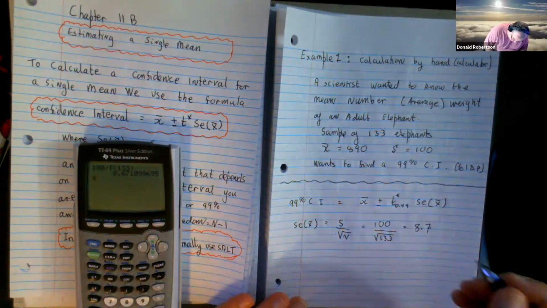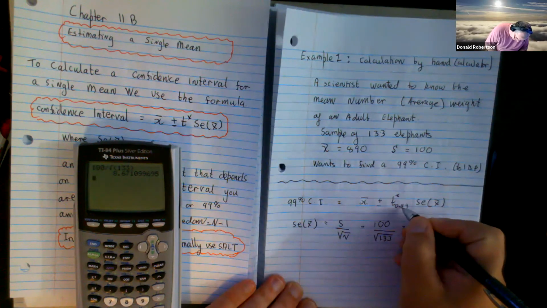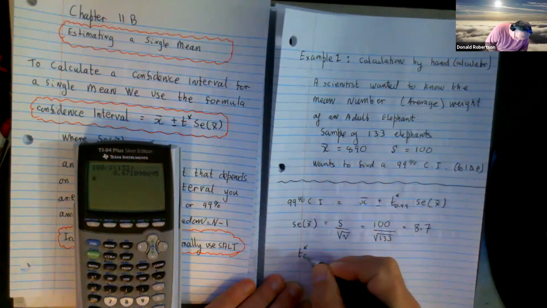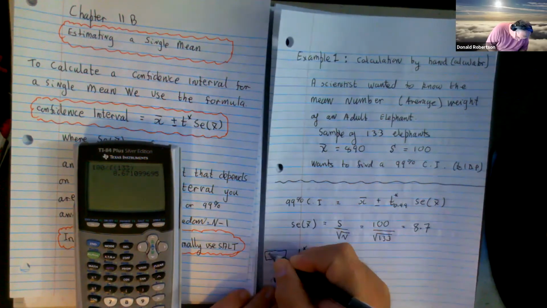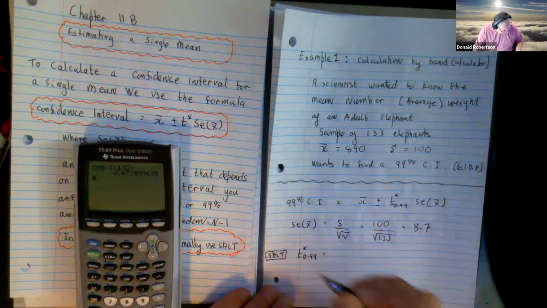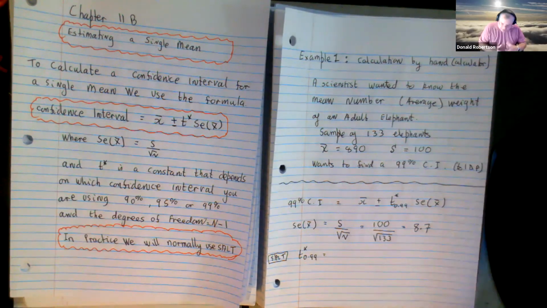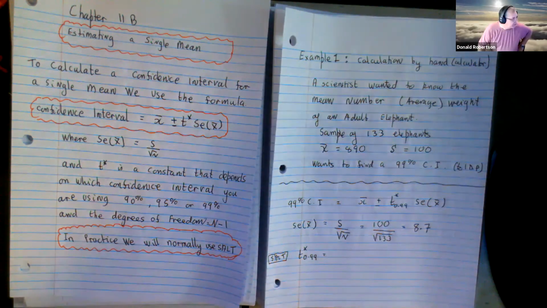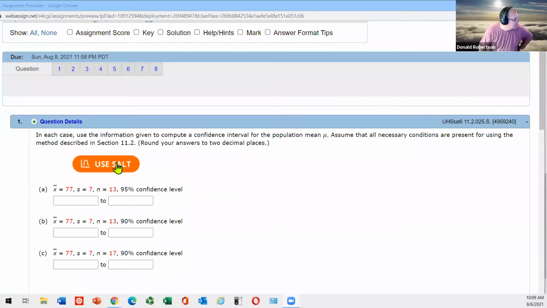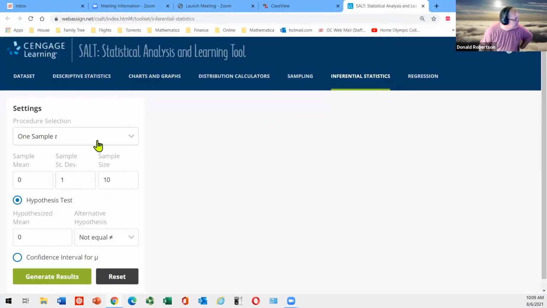Now, I also need to find this fella here. Now, to do that, I'm going to use Solve. I could use a table of values, but the table of values are very inaccurate because that piece of paper, that table that we've got, has big gaps in it, and you have to do guesstimates because of that. So let me show you how I would find the magic number for 99%. Okay. So you tick the Solve button, and you'd have this guy, which is good.